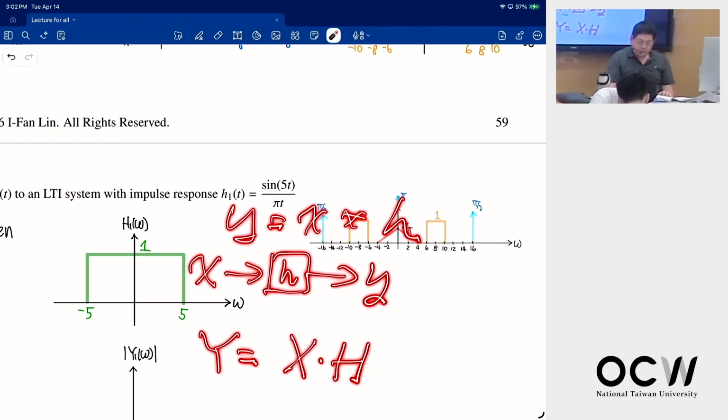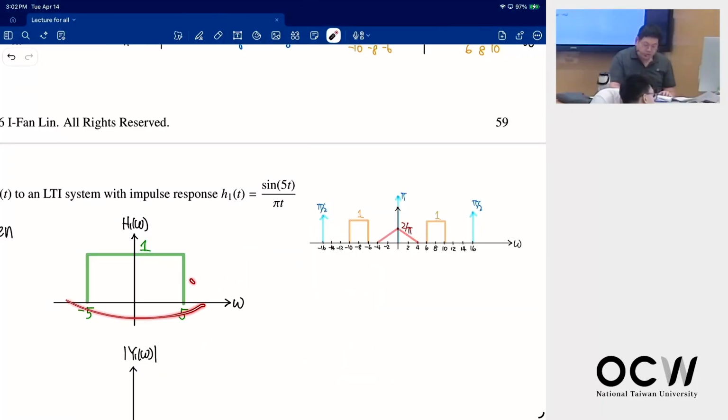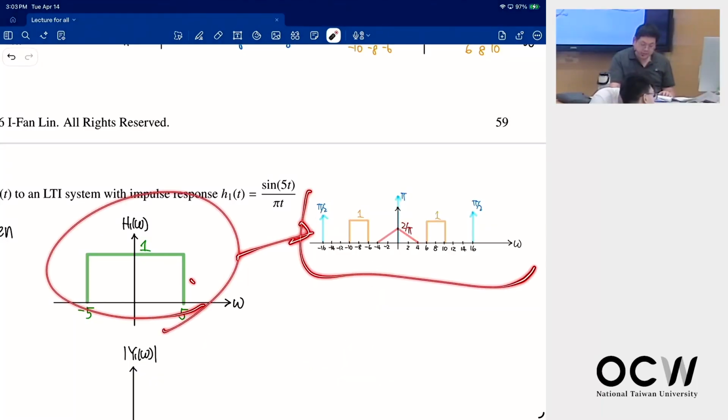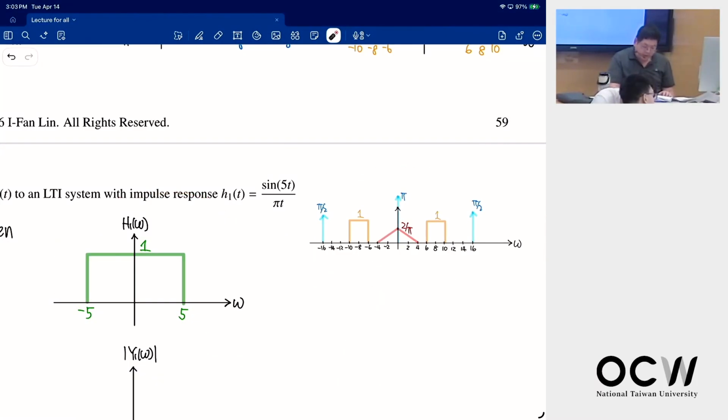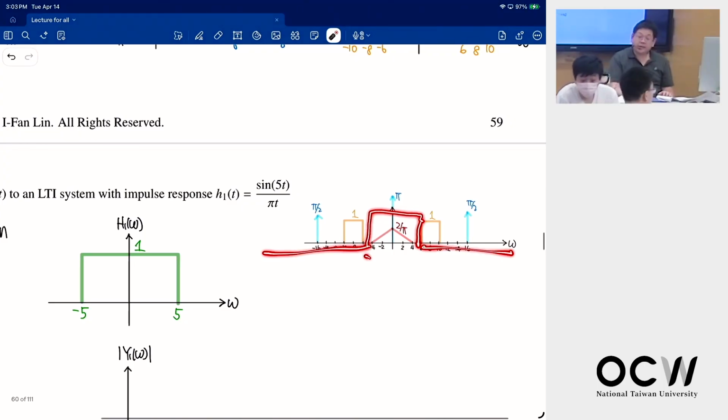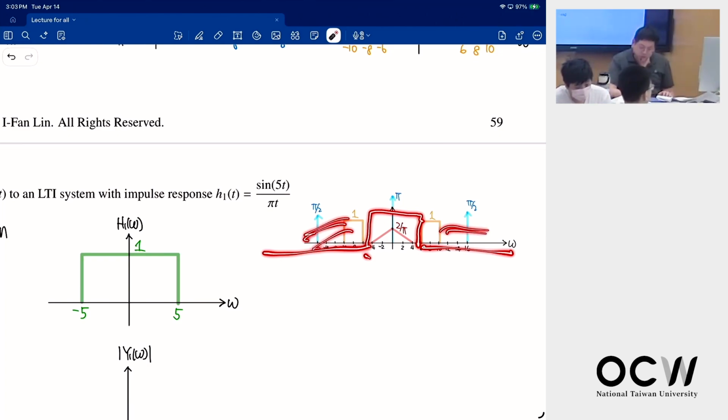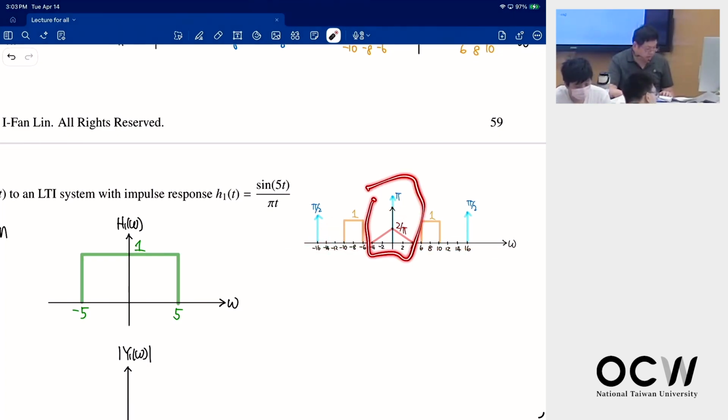So H multiplied by X, from -5 to 5, I have a value. Otherwise, it's all 0.